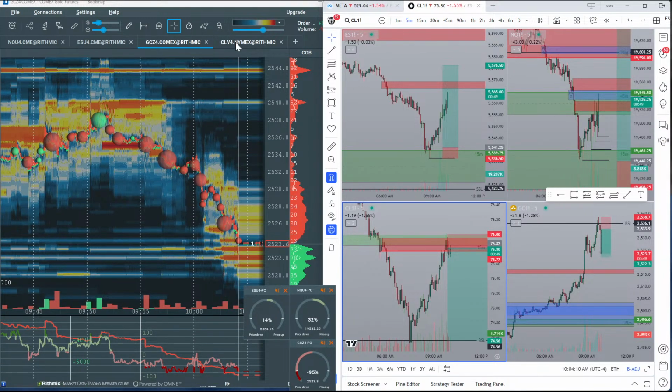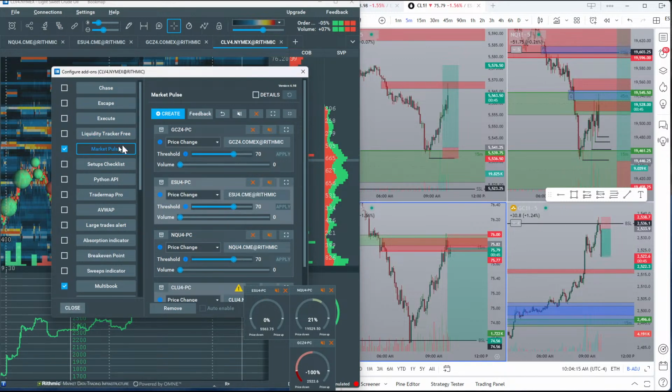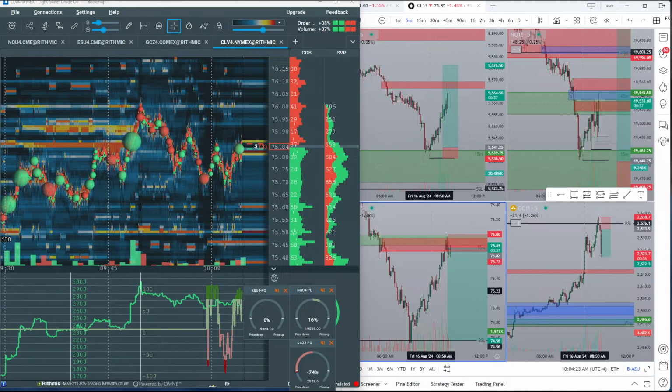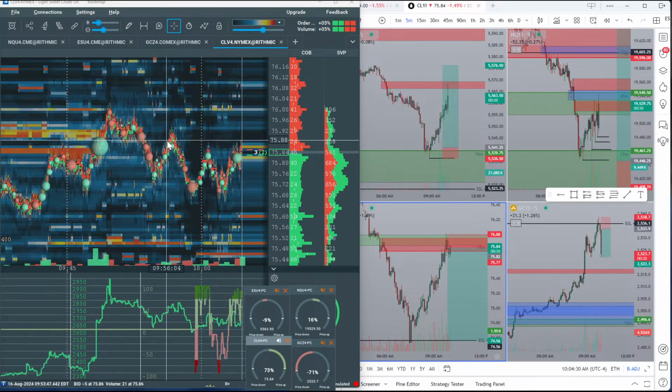Do I not have crude oil market pulse? Let's get crude oil market pulse up here. Crude oil's got some strong buying pressure on the market pulse at the moment.